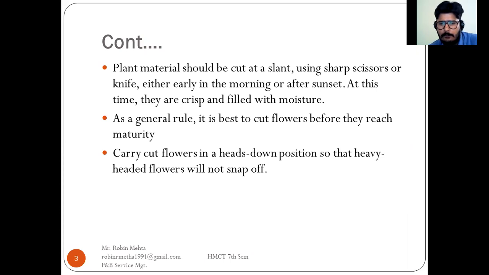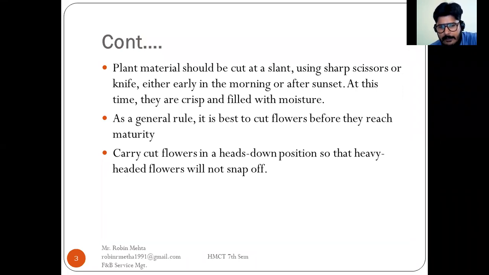But if we cut the plant before the maturation period, its life may go from 2 or 3 days to 5 days. We increase the life when we do the flower arrangement in a hotel or any place where we need it.